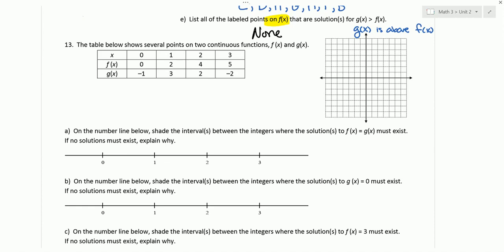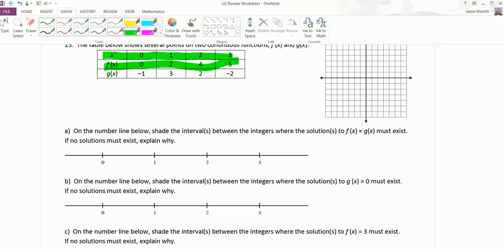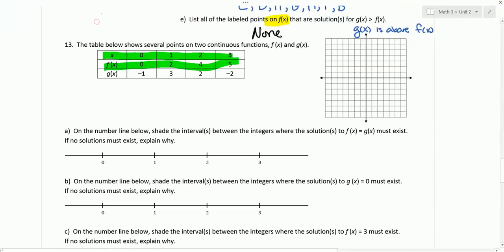To graph f of x, I'm going to look at the first two rows. I'll highlight them in green, and I'm going to graph it in green. So when x is 0, y is 0. So 0, 0. When x is 1, y is 2. So 1, 2. 2, 4.